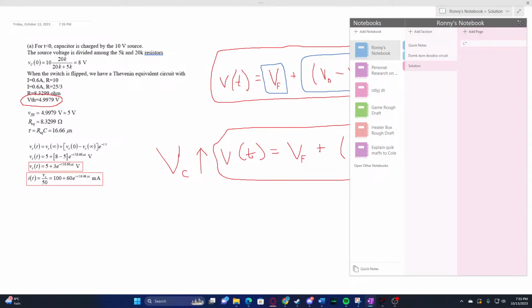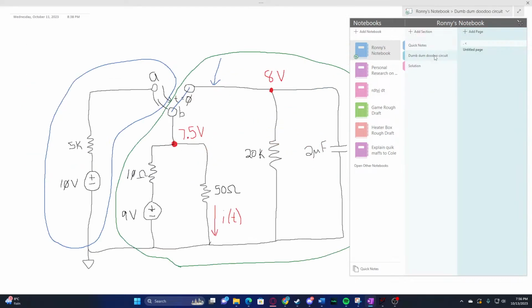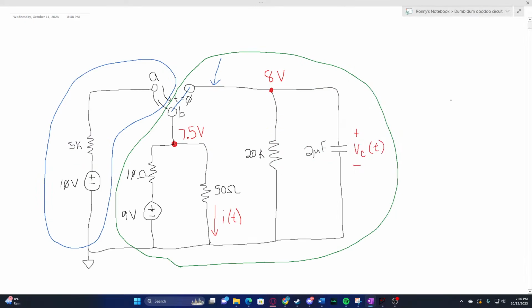It doesn't hurt to say things over again to help me memorize. So we want to know how they get this 4.9979 volts. Because from my point of view, I don't see how they can get that. In my mind, anyways. I don't know yet. But I'm going to see what I can do.